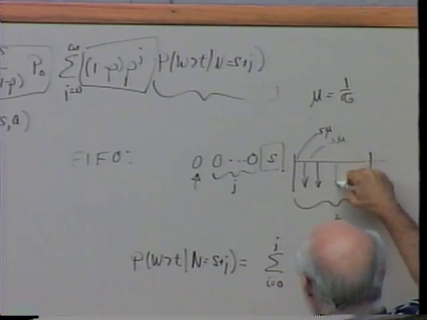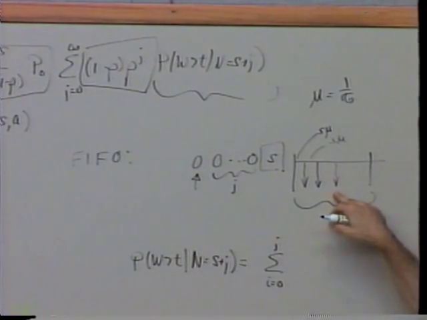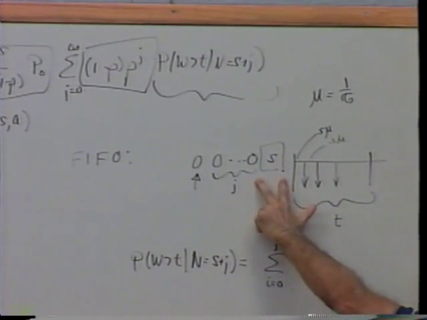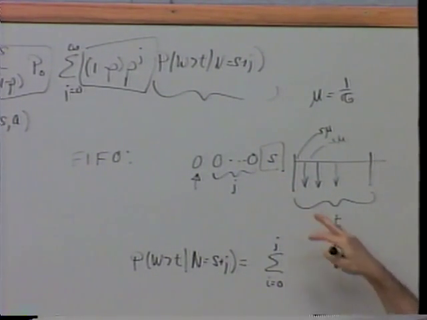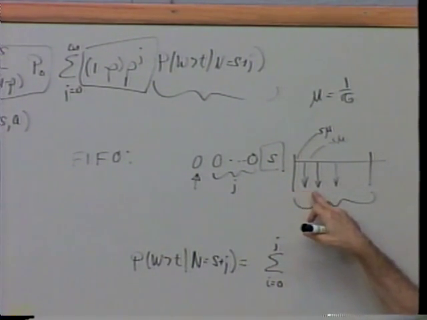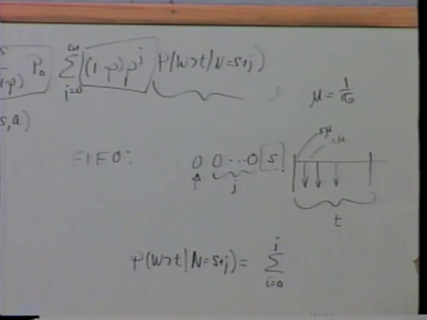And the same for the time between the next, and so forth. So what we see is, as long as all the servers are constantly busy, the output process is represented by these arrows, in which the times between arrows are IID exponential, each with rate S mu.